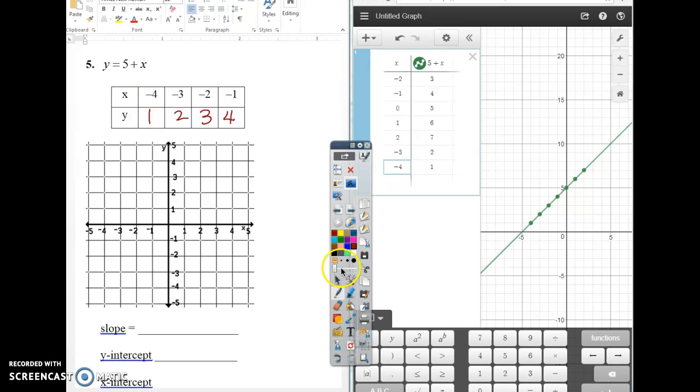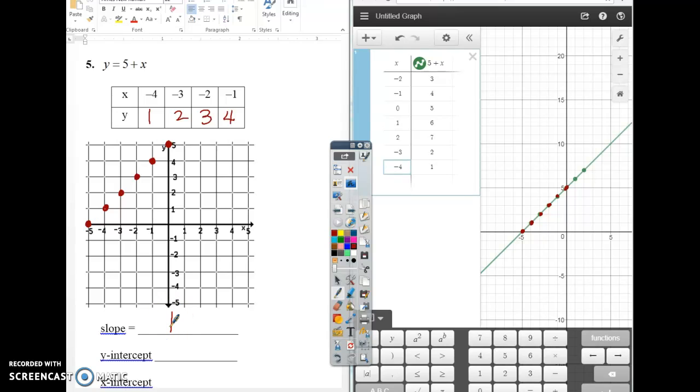Okay, and then you just graph those points. So 0, 5. All of these points need to be graphed here. So there's a point there, there's a point there, there's a point there, and so forth and so on. Okay, we already answered that the slope is 1.